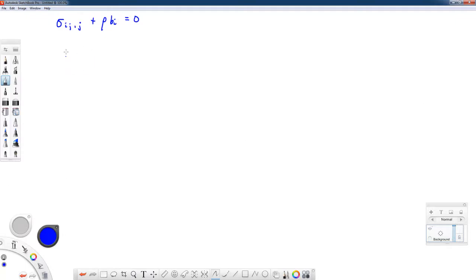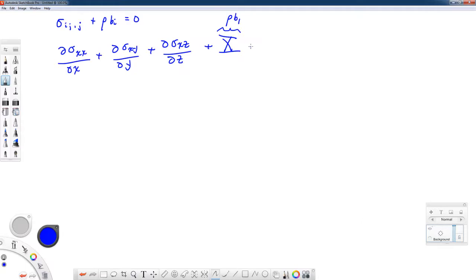But our first term would be the partial derivative of sigma_xx with respect to x plus the partial derivative of sigma_xy with respect to y plus the partial derivative of sigma_xz with respect to z plus a body force term, and I'm going to call that capital X. So that would be like rho b_1, then equal to 0 for equilibrium.